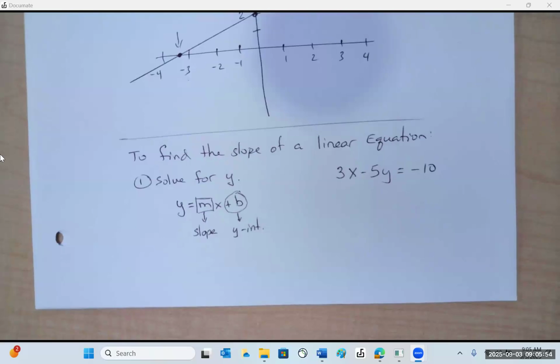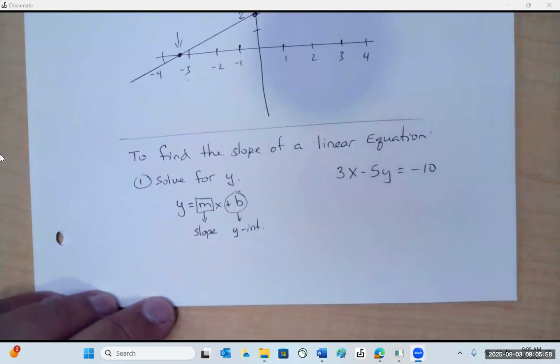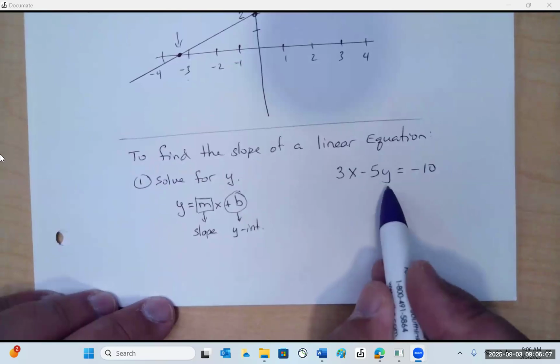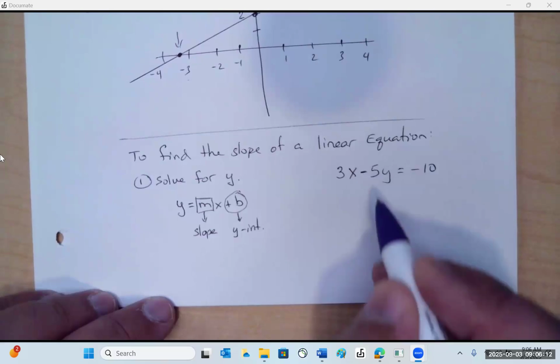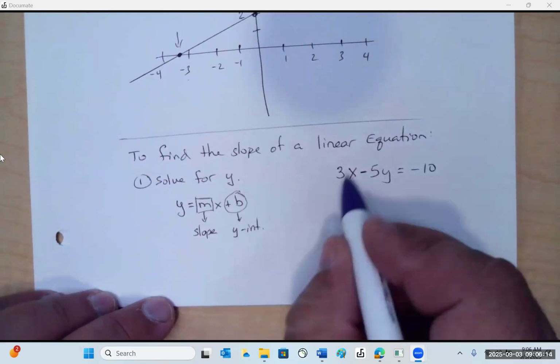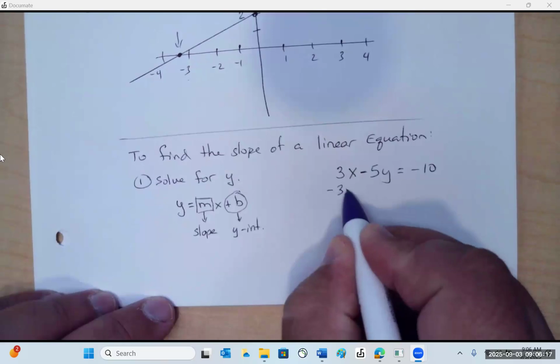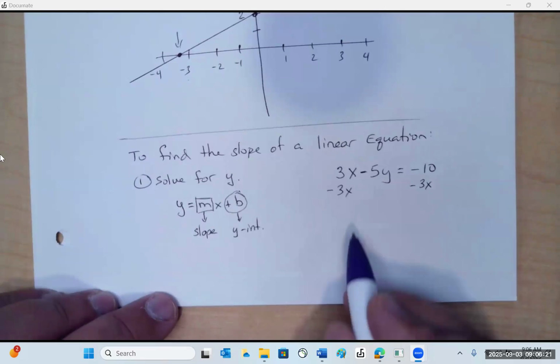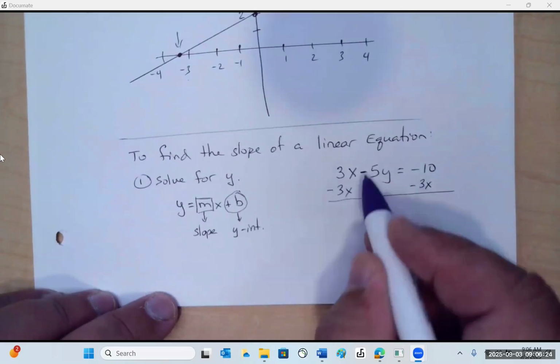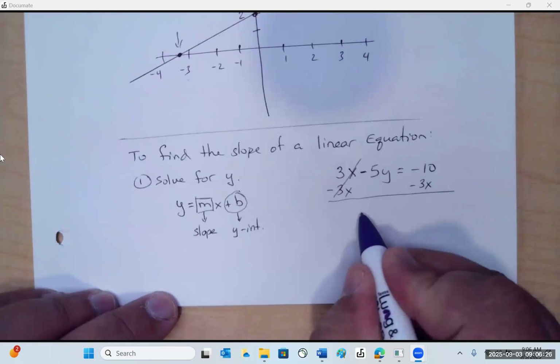What's your first step? What do you have to get rid of? Get rid of 3x. How do you get rid of 3x? You would, yeah, but get rid of everything else. How is 3x connected to the y value? There's subtraction between there. So to get rid of it, I subtract 3x from both sides. So 3x minus 3x cancels out.